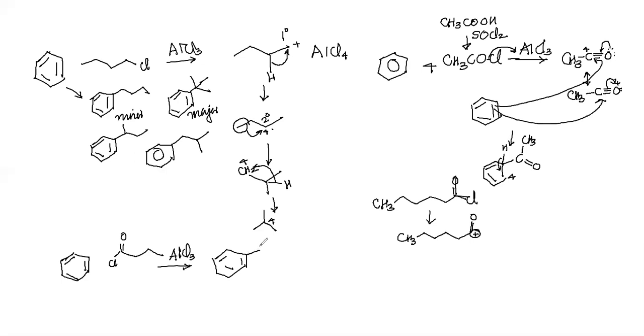You will get a ketone. Now the ketone, the CO, can be converted into CH2 by two reactions. One, Clemmensen reduction.